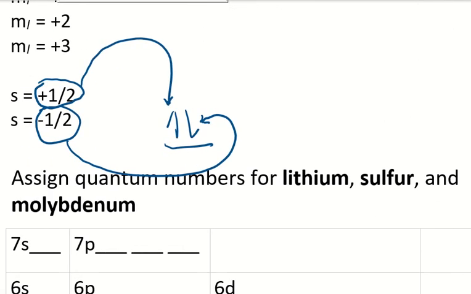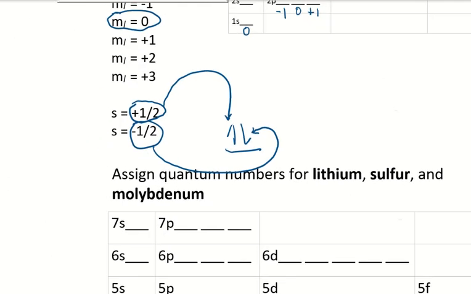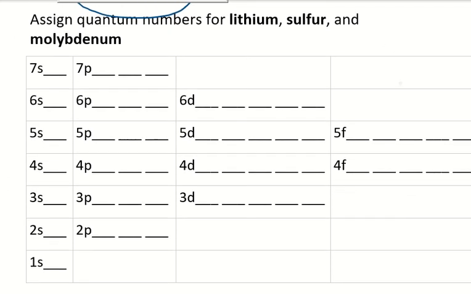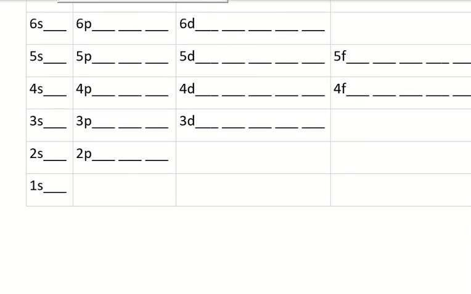So, you just need to know where the last electron lands. For instance, lithium ends on what? For you guys, electron battleship, lithium ends on what, when you use the periodic table? Lithium is Li, group 1.